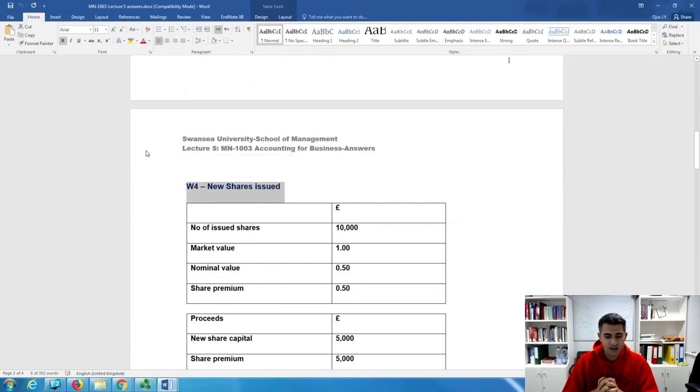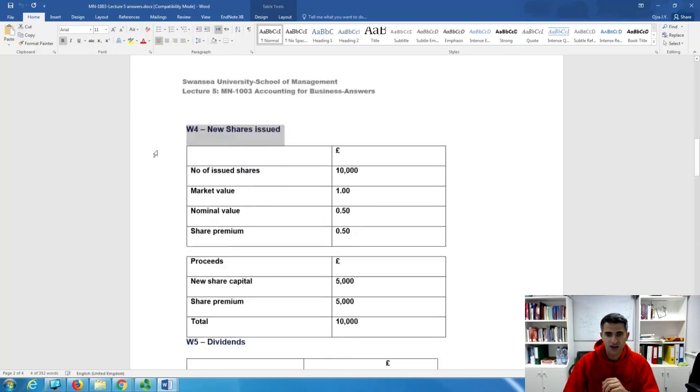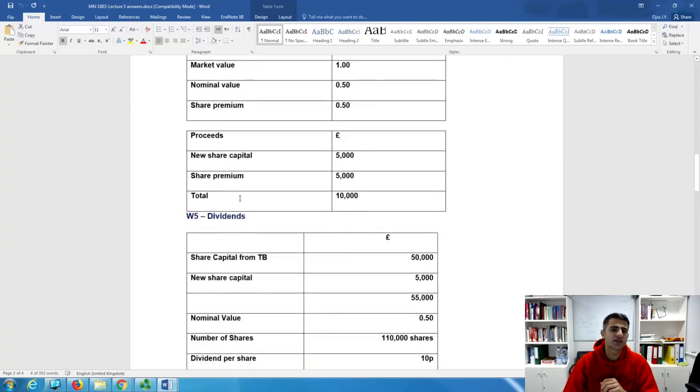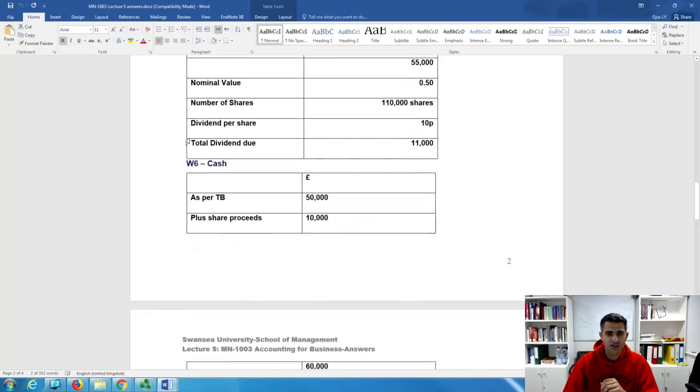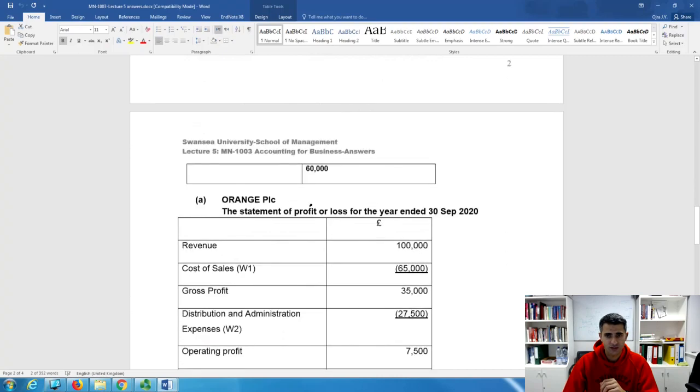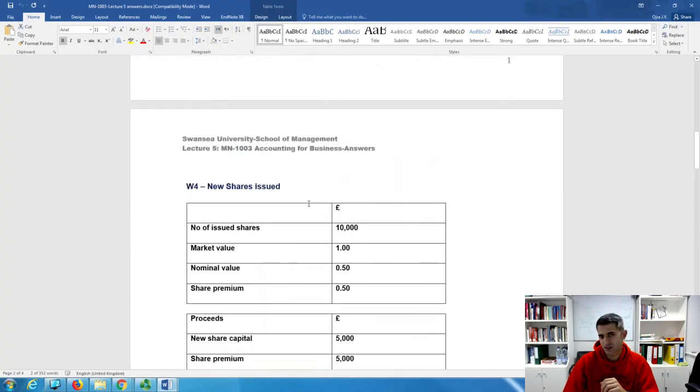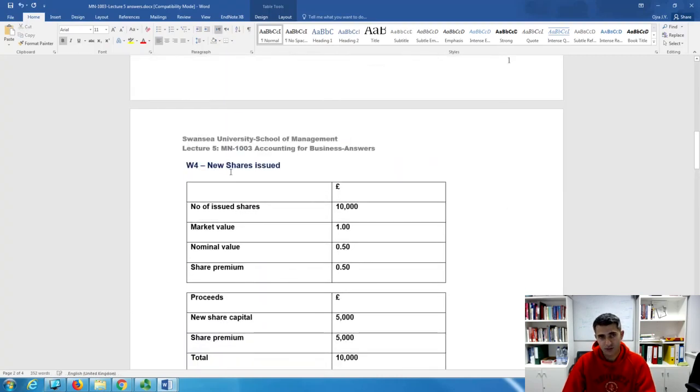and the fifth one is the dividends, and number 6 is the cash, isn't it? Yeah, number 6 is the cash. Right, so these are the 6 workings.